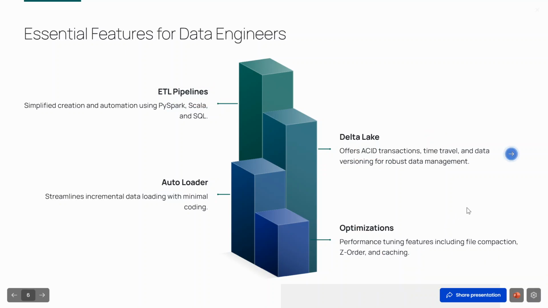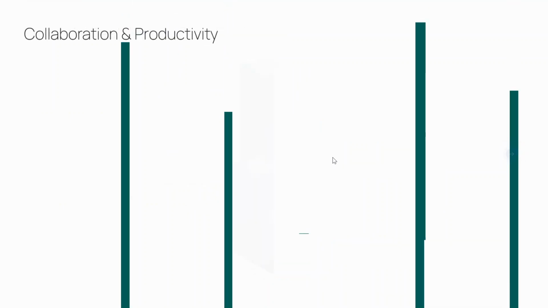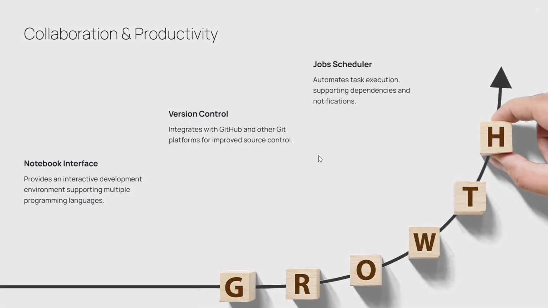Moving on, as I said, it is used extensively in the industry, so it is very important for a collaborative environment. It offers three major things: a notebook interface, version control, and a job scheduler.